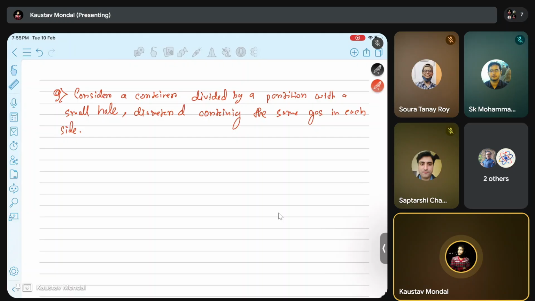The gas in the LHS has temperature T1 and pressure P1, okay. And the right hand side has temperature T2 and pressure P2, okay.